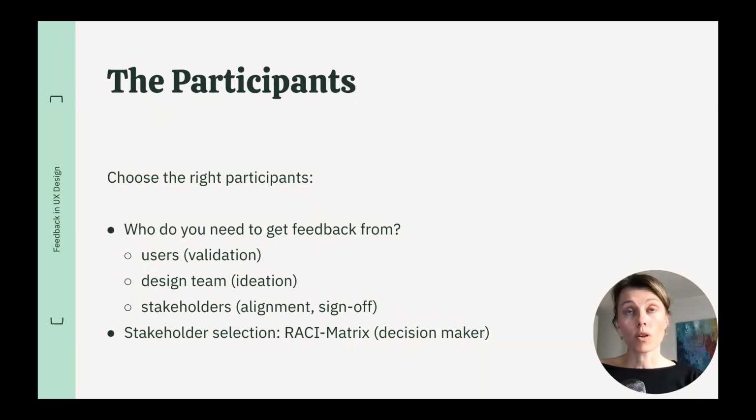And to that point, to be very efficient there as well, you need to be clear on who from the stakeholder side should be invited or involved in your feedback session. A very helpful tool for that is the RACI matrix, which you should use at the beginning of a project anyways to get a good understanding of which of your stakeholders is responsible, accountable, consulted, or needs to be informed.